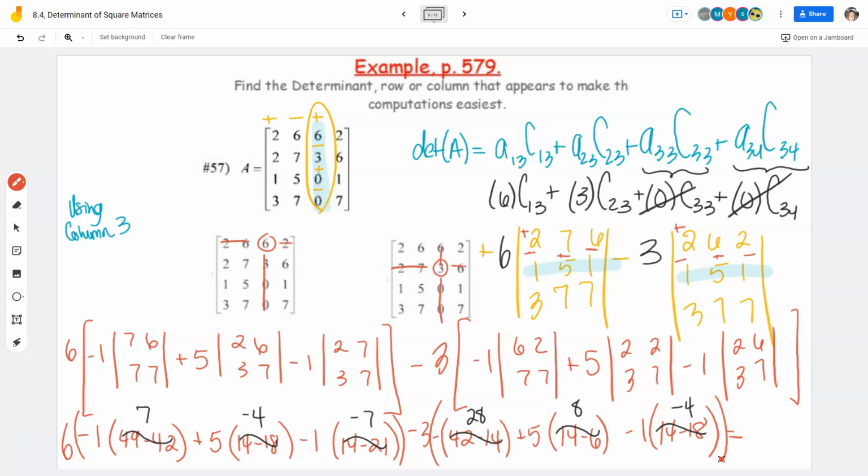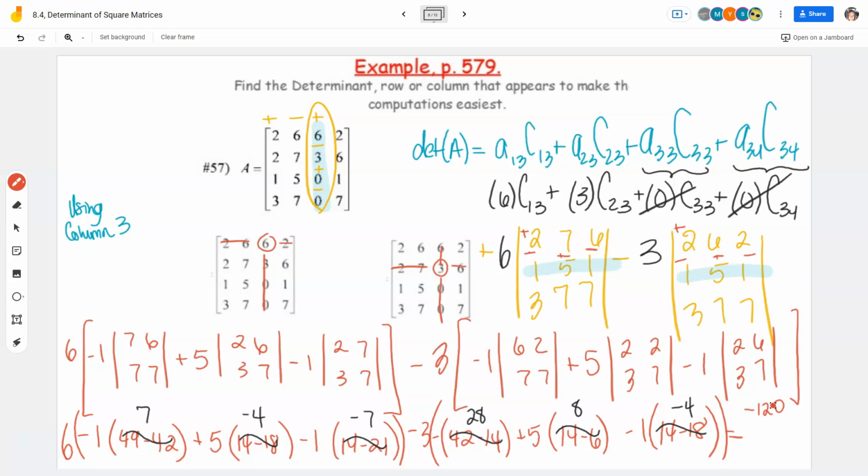Oh, this math isn't bad. It's negative 7 minus 20. Negative 27 plus 7. Those cancel. Because the 7s cancel, and negative 20 times 6 is negative 120.